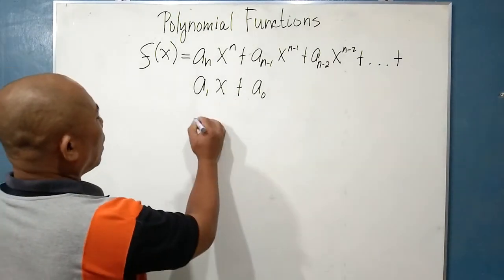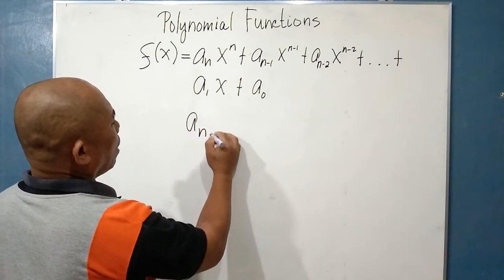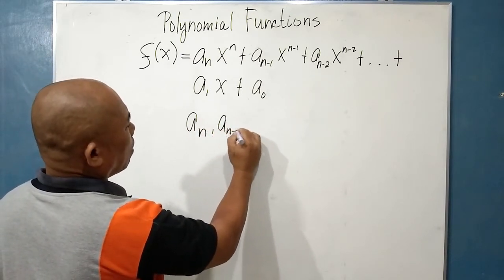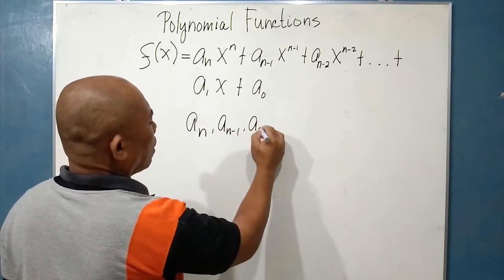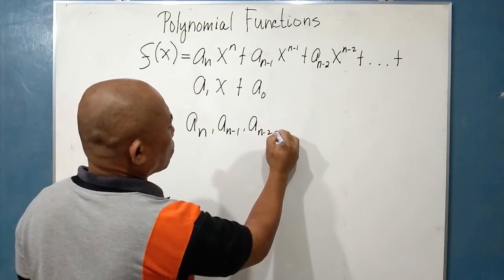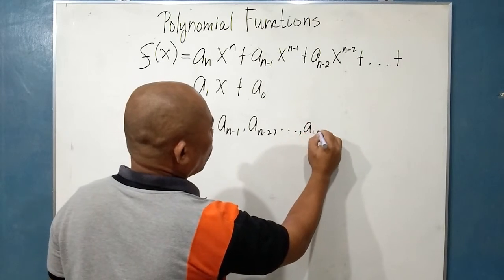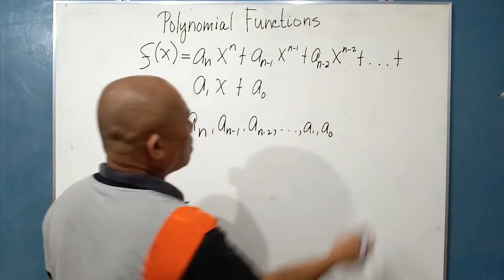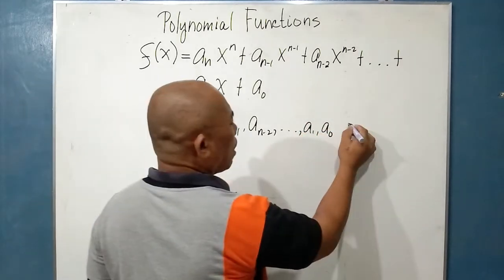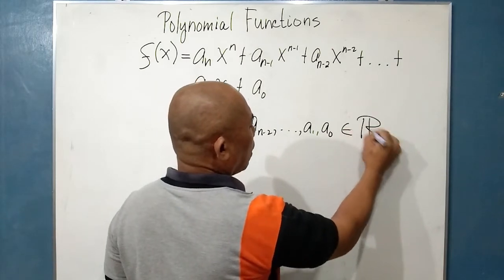Kining atong mga a sub n, a sub n minus 1, a sub n minus 2, patulong sa a sub 1 ngadto sa a sub 0, mga real numbers kini sila.